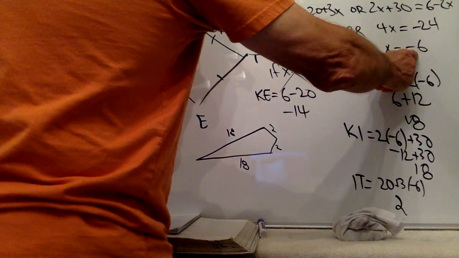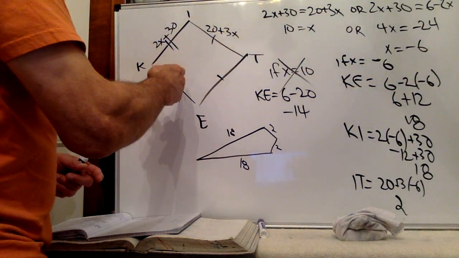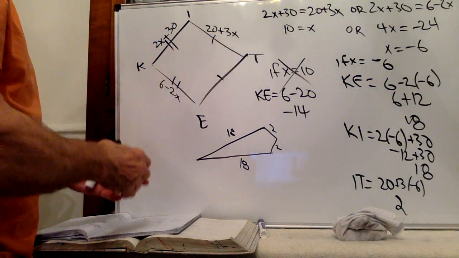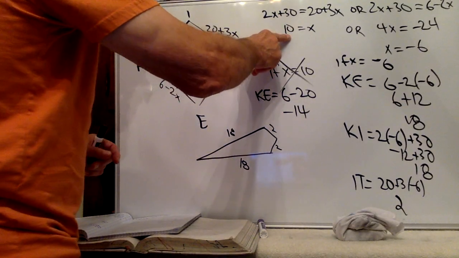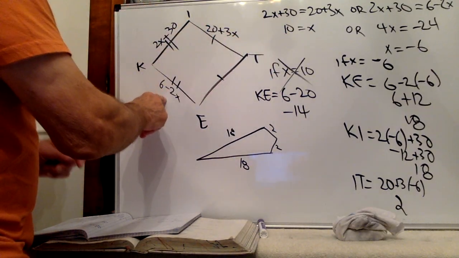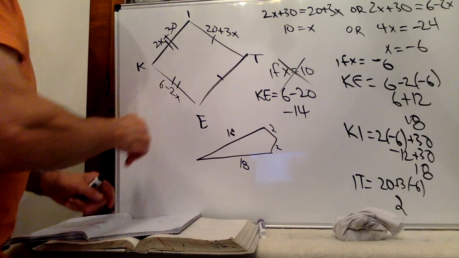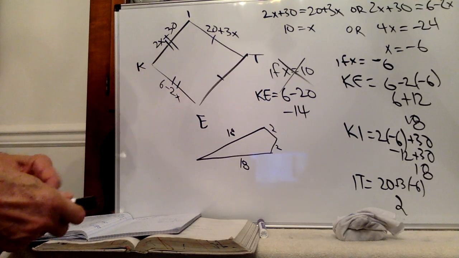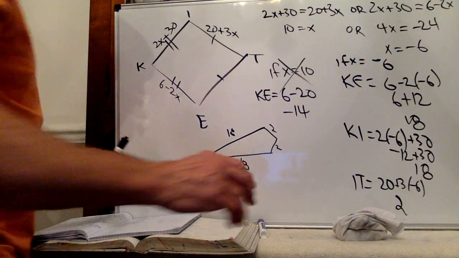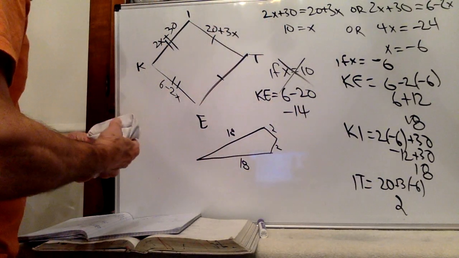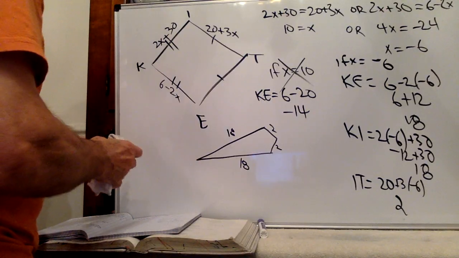When you plug negative 6 back in for x, you get positive values for the side lengths. When you plug the positive value in here, you get a negative number, and you can't have a negative side in a polygon. So hopefully that makes sense to everybody. Again, if you have questions, contact me or just write it down, and I'll be happy to answer it on Friday.